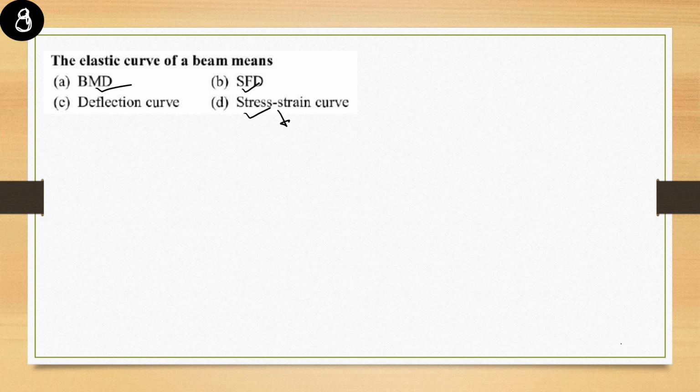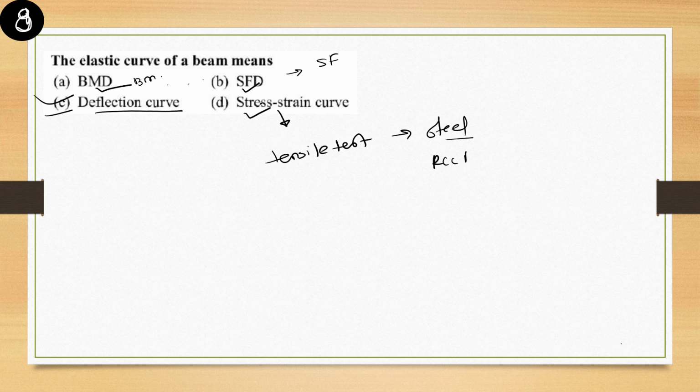The stress strain curve is related to the tensile test on steel or any RCC material, and we get the stress and strain curve from it. The shear force diagram is obtained by calculating the shear force at each point and joining those points on the beam. Similarly, the bending moment diagram is obtained by calculating the bending moment at each point and joining them. But the elastic curve of a beam means the deflection curve. So option C is correct here.